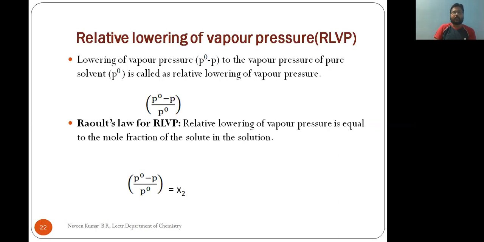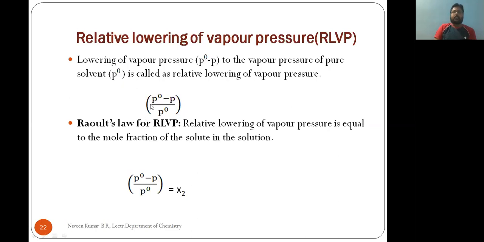You can recall what we discussed in the earlier slides with the diagram: the liquid solution of a solid solute in a liquid solvent. The same concept. Lowering of vapor pressure is the difference in vapor pressure of the pure liquid and the vapor pressure of the solution, P naught minus P. If you relate this lowering of vapor pressure to the vapor pressure of the same liquid in its pure form, then the ratio is called the colligative property, relative lowering of vapor pressure.